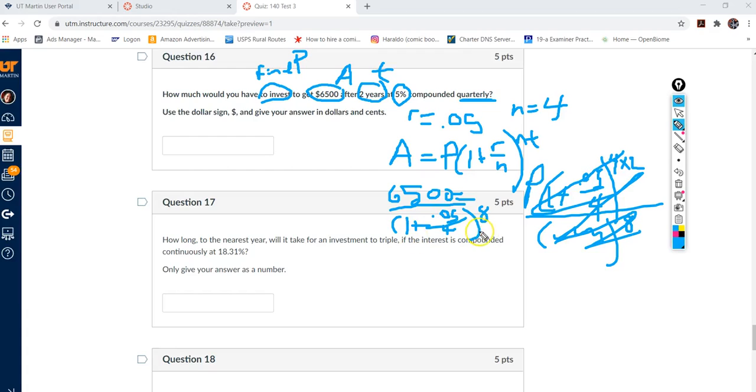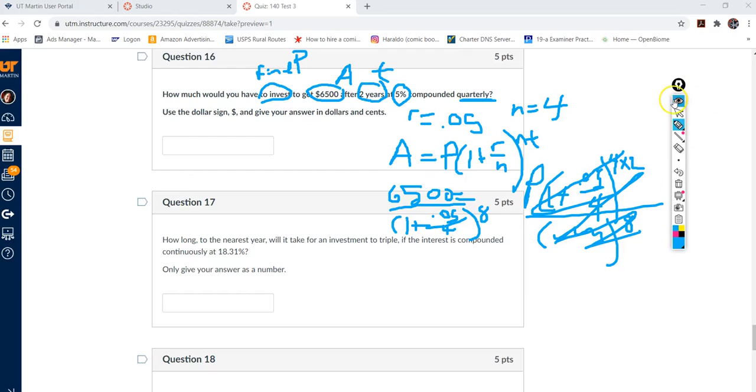If you do that, your answer is wrong. You've introduced rounding error. So all I want is 6,500 divided by, in parentheses, 1 plus 0.05 divided by 4, all to the power of 8.